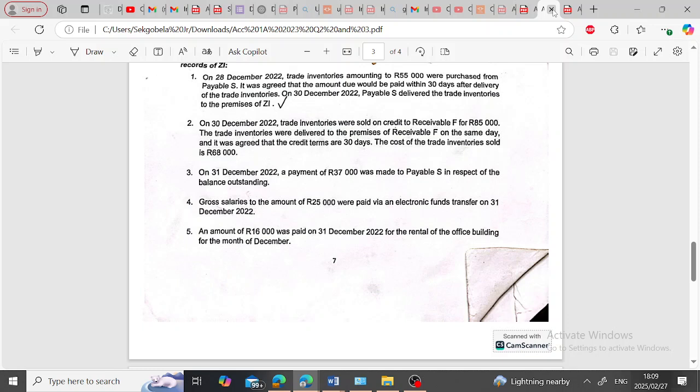When we say cash, what are we talking about? We are talking about EFT, cash deposited. There is no cash in hand in accounting. There will never be a transaction where they say we sold goods and the person gave you cash on hand.